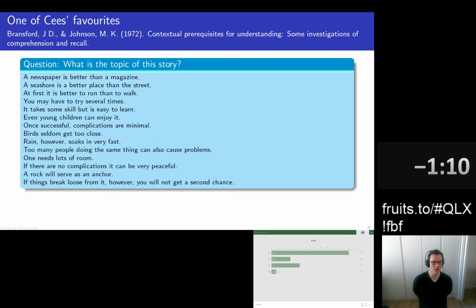So first of all, I have a nice story for you here, and my question is, what is this story about? Now, if you think you know the answer, please don't post it in chat yet. Give everyone a chance to take a look, and after the timer has run out, feel free to post your answer if you have one. So the question is, what is this story about?